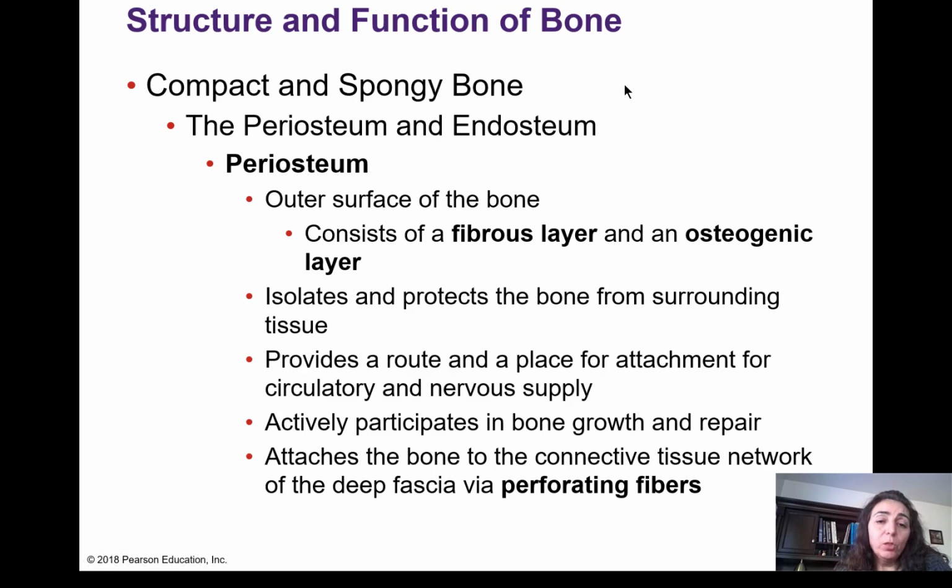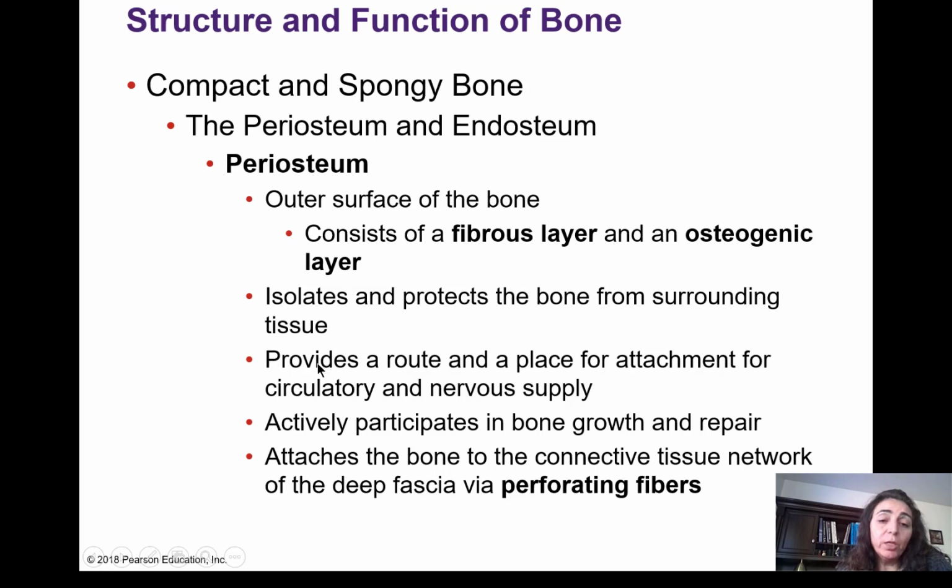Now regarding the periosteum and endosteum, as we already talked about a little bit, periosteum is the outer surface of the bone and it consists of two layers, a fibrous layer and an osteogenic layer. That osteogenic layer is the one that is composed of osteoprogenitor cells. And it isolates and protects the bone from surrounding tissue.